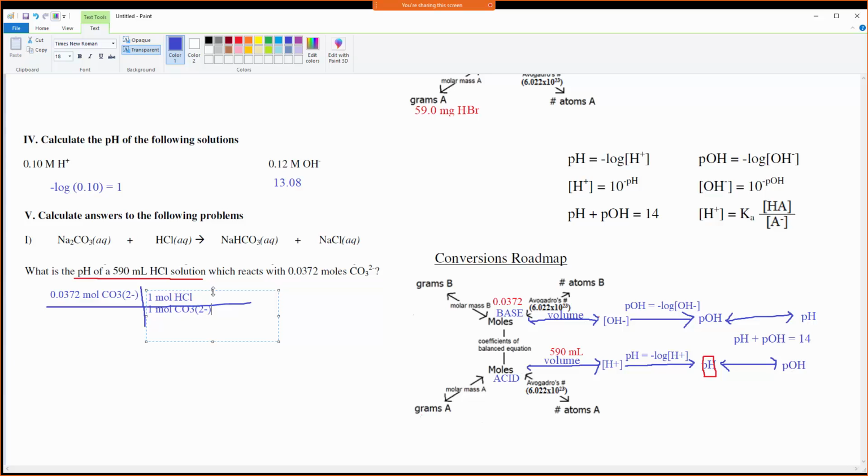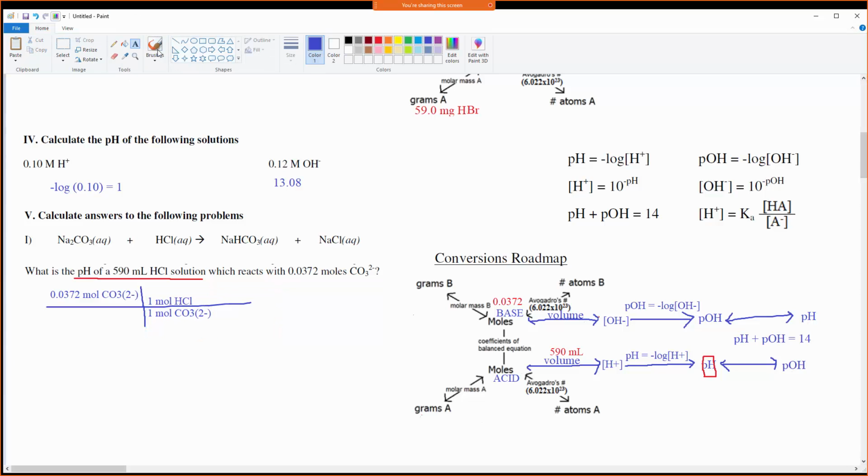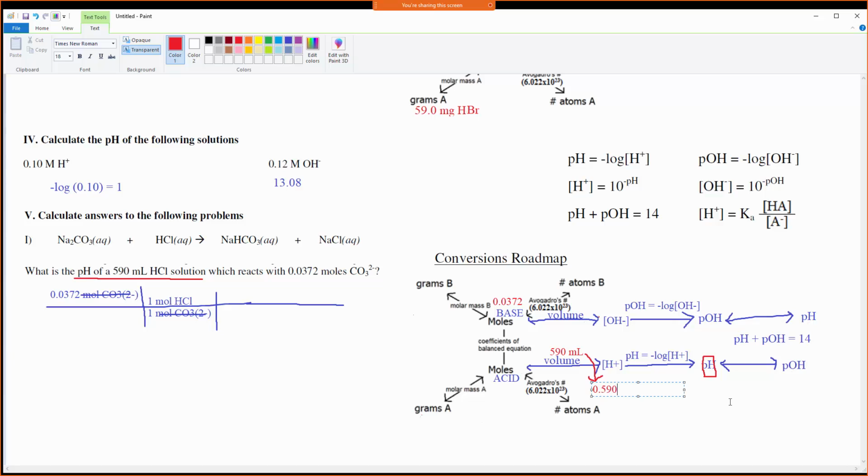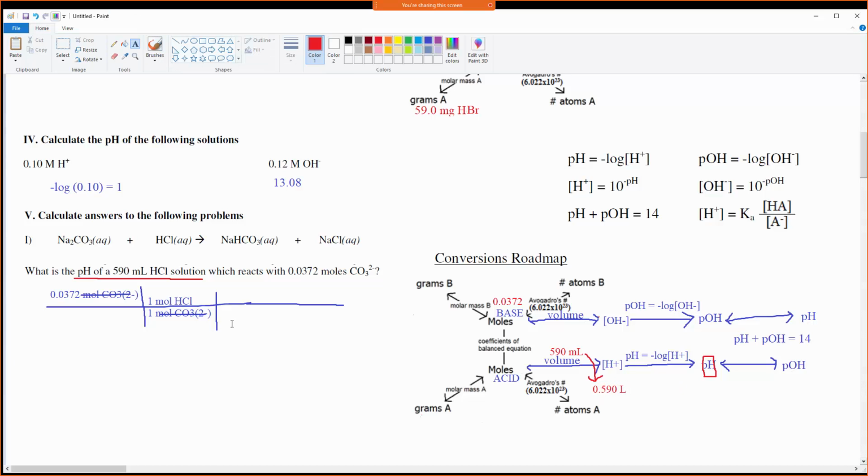We will see some examples later today that are not 1 to 1, I promise. Okay, so my moles of carbonate cancel. And that gets me to moles of acid. Good, what do I do next? Oh, good. And I don't even need to do that on my dimensional analysis. I'm going to convert that to 0.590 liters, right? I'm just going to plug that in here.